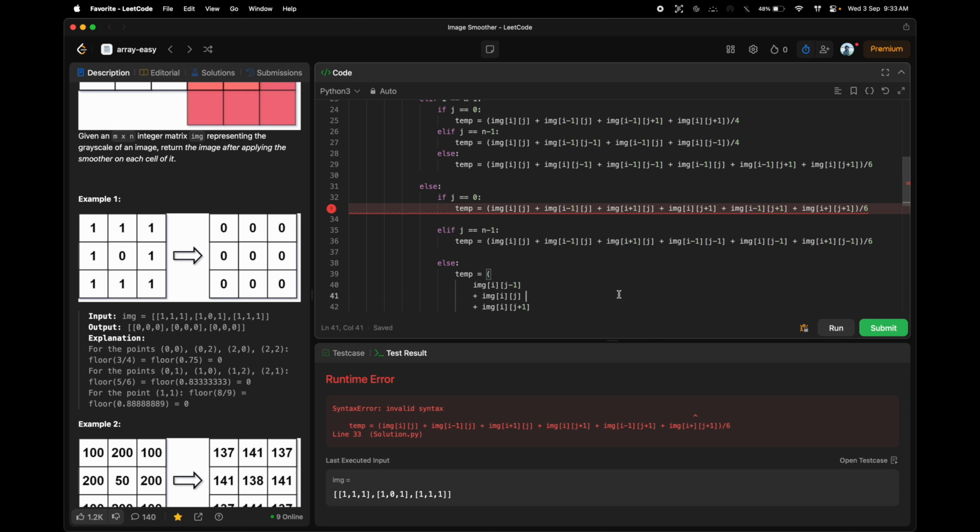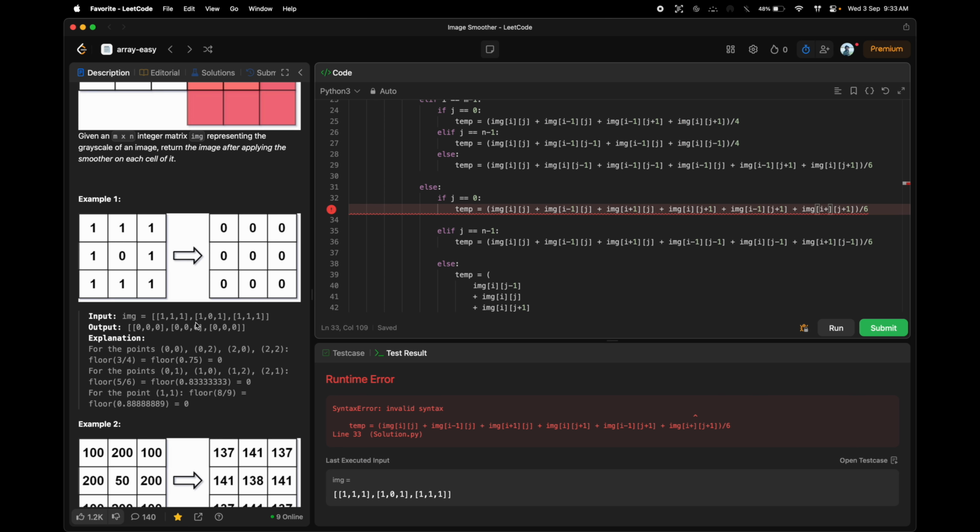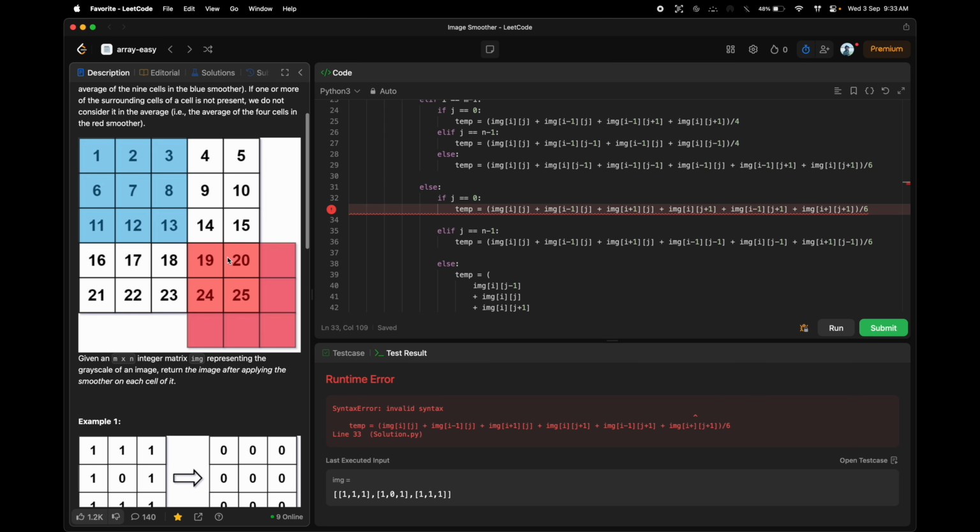L, if that is correct, temp, all the square, wait a second. I is equal to, if nothing has happened and if j is equal to 0, okay, in this scenario I plus 1, I minus 1, I plus 1, then I, j plus 1, sorry, which is this.